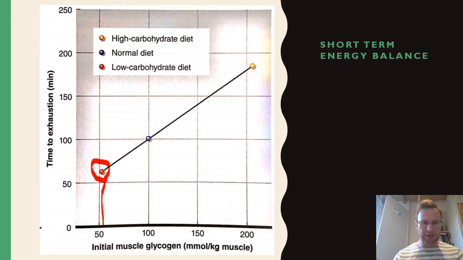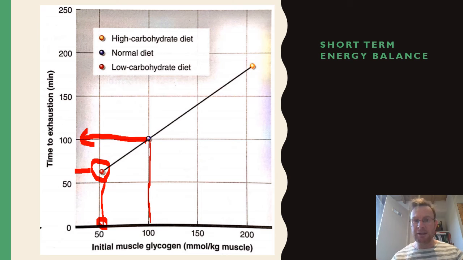Their initial glycogen stores were quite low, around 50, and their time to exhaustion was about 60 minutes. This person here, on a normal diet, their glycogen stores were 100 millimoles per kilogram, and they took 100 minutes to exhaustion. And you can see that last person on that high carbohydrate diet has much larger glycogen stores and a much longer time to exhaustion.